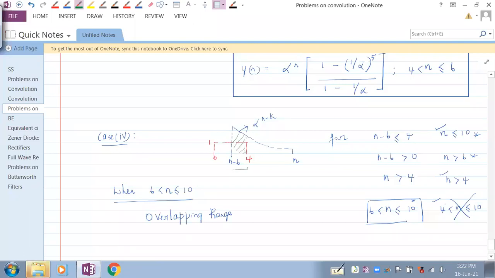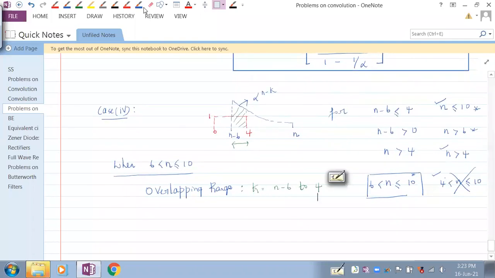From n minus 6 to 4. So overlapping range is k equal to n minus 6 to 4. Understand that? So the overlapping range you just see, it is n minus 6 to 4 we are going.